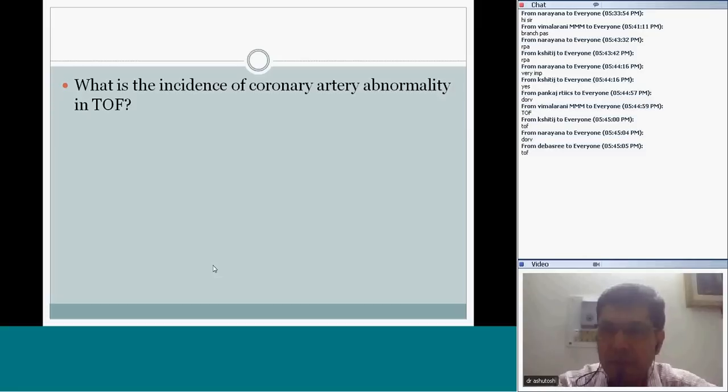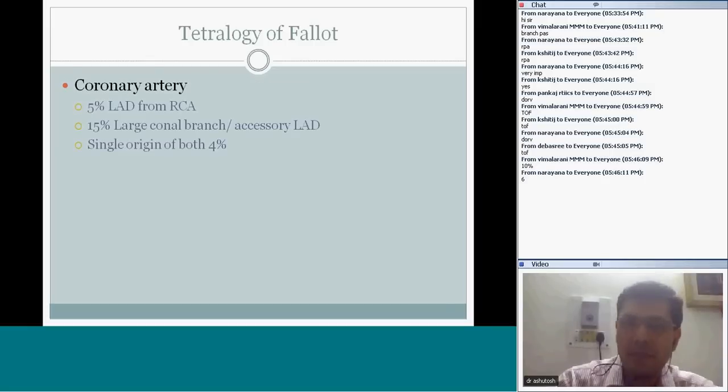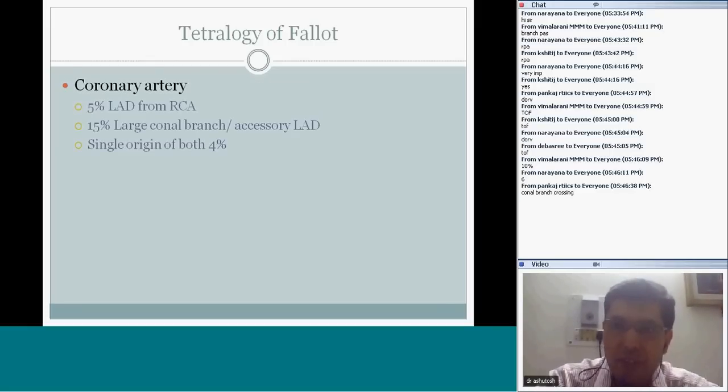So what is the incidence of coronary artery abnormalities in TOF? And what type of coronary artery abnormalities should we look at? Yeah, the essential ones are basically the coronary artery abnormalities which are crossing the RVOT.